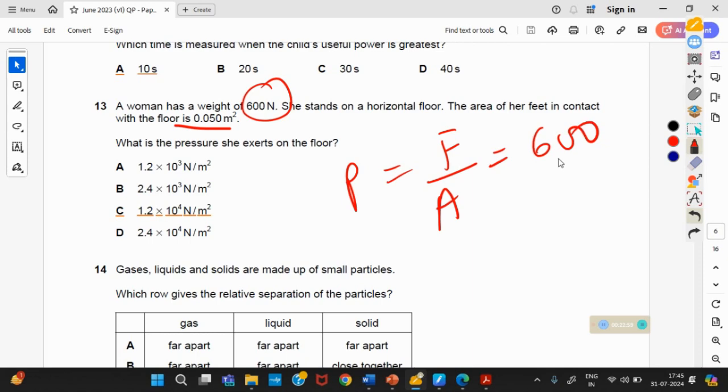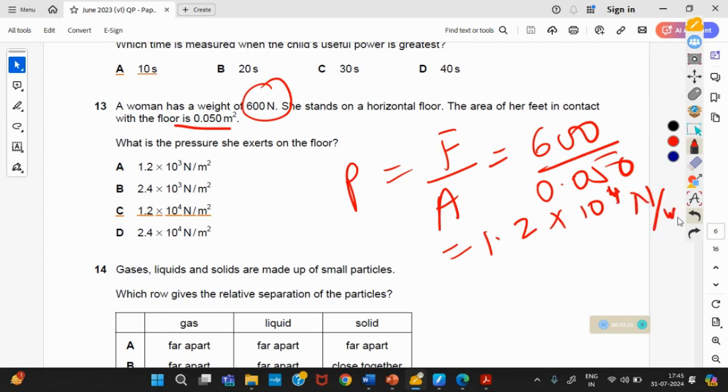It is 600 Newton divided by the area, which is 0.050. So this is equal to 1.2 times 10 to the power 4 Newton per meter square. Option C is right.